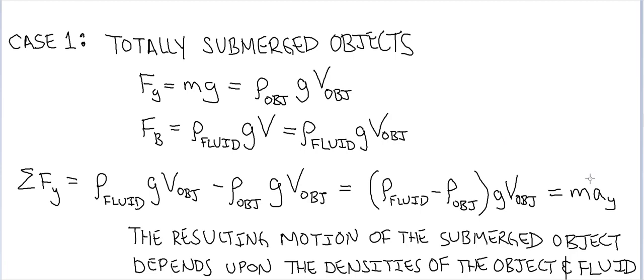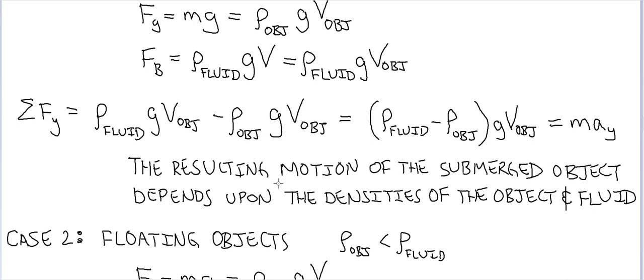And here, the resulting motion of this submerged object is going to depend entirely upon the densities of the object and the fluid. If the fluid is more dense than the object, then the acceleration is upwards. It will float towards the surface.